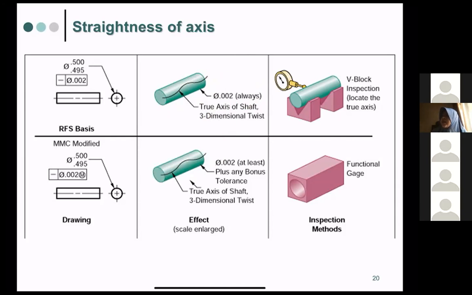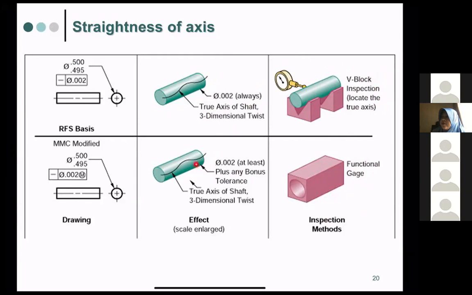For inspection, we can use what we call V-block inspection, which is located on the true axis. There is an indicator to check the position, or the inspection method is using a functional gauge.